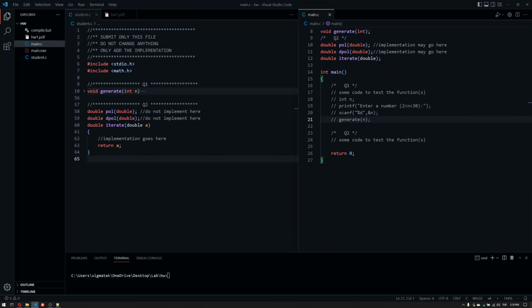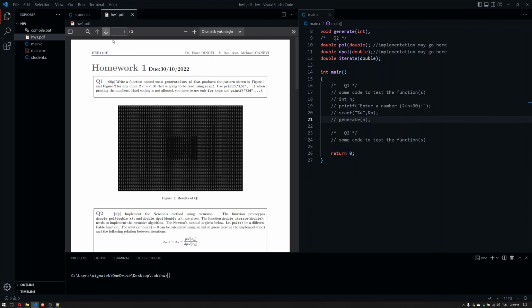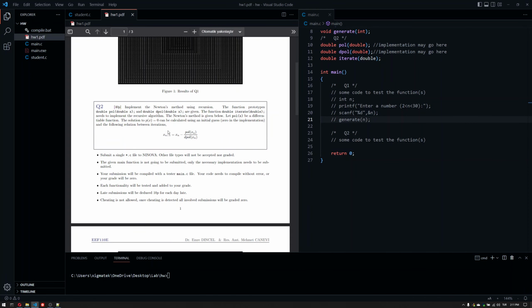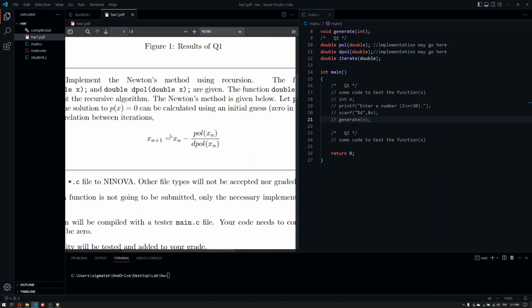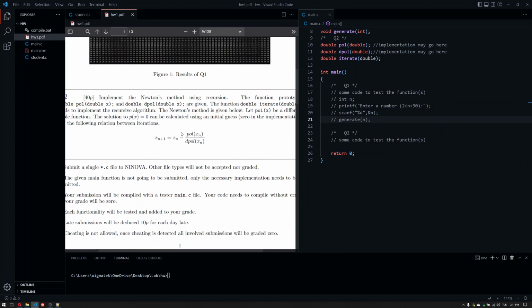let's go over to our next question here, which was basically a polynomial root solving algorithm. It is called the Newton-Raphson method, Newton's method actually, and we have an initial point that is going to be 0, and we're going to plug it into our polynomial and the derivative of our polynomial. It should calculate the root as accurately as possible to a certain limit.